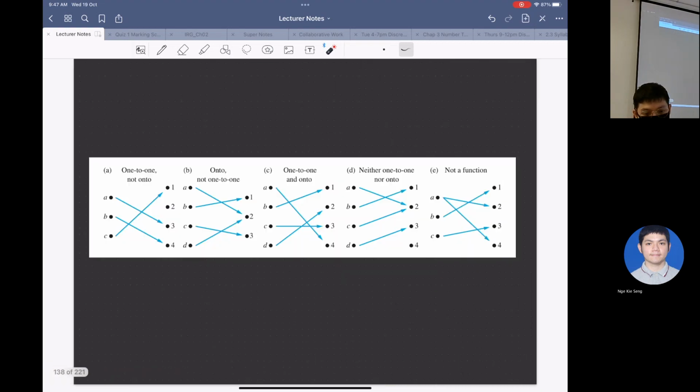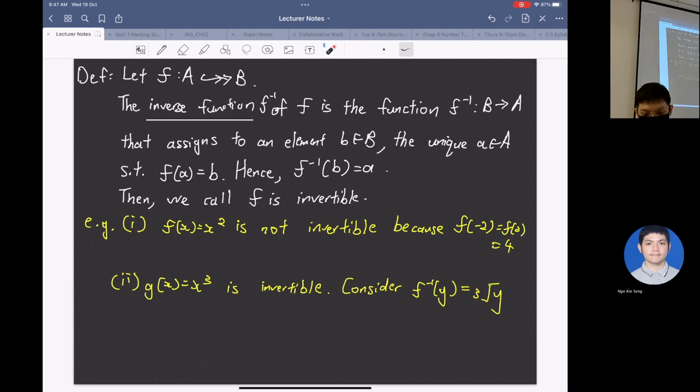So you guys want to recall how to find the inverse function? I think you learned how to find inverse functions before. Suppose g(x) equal to y.